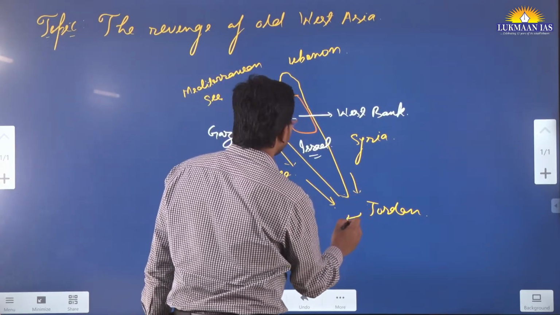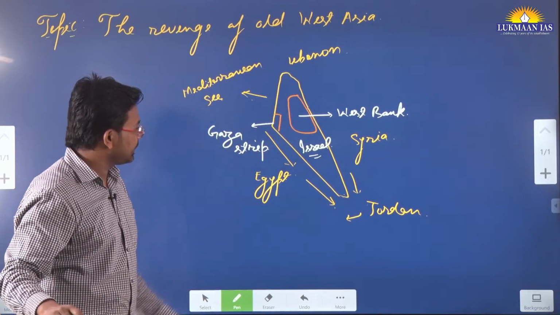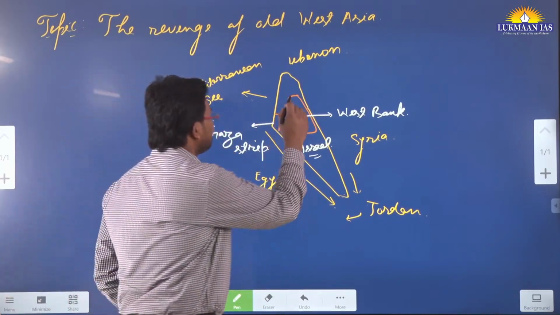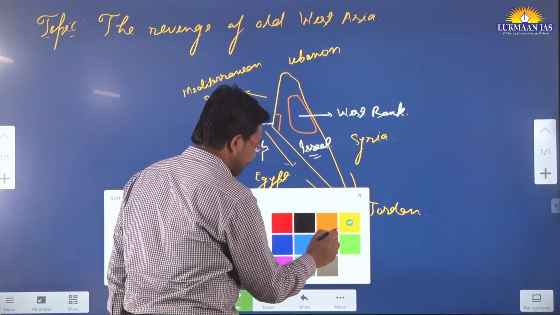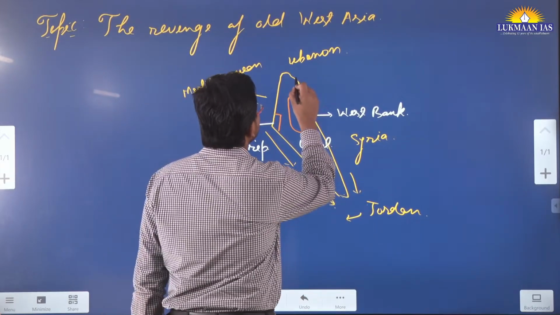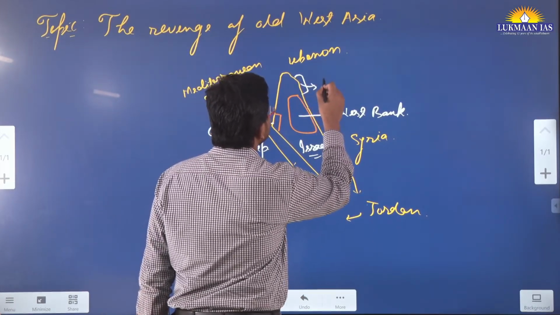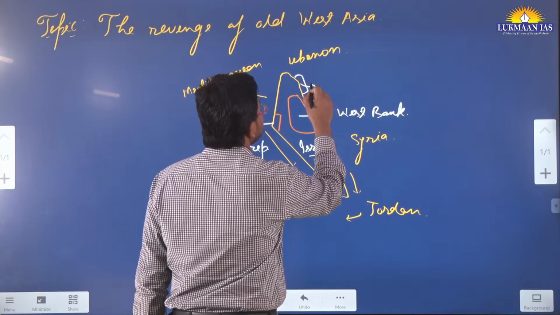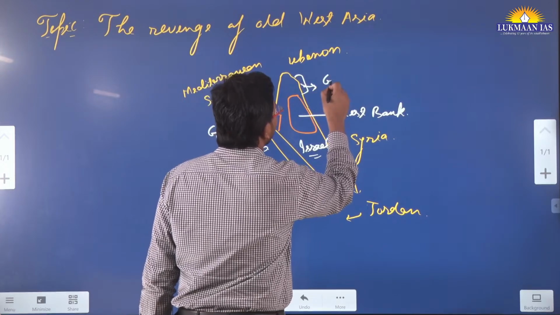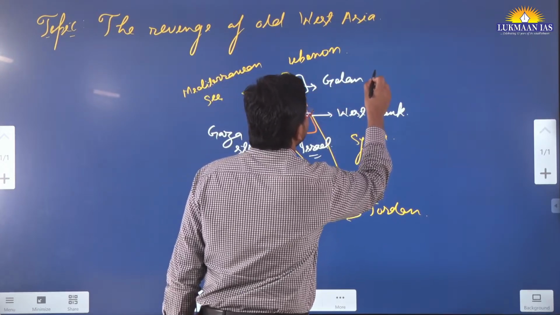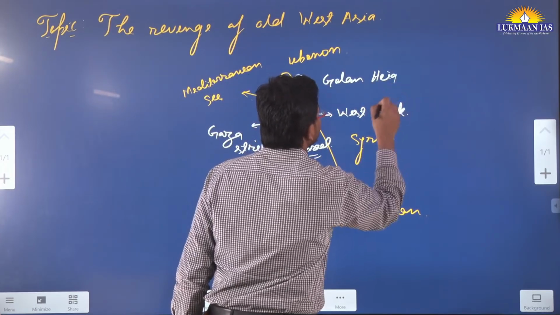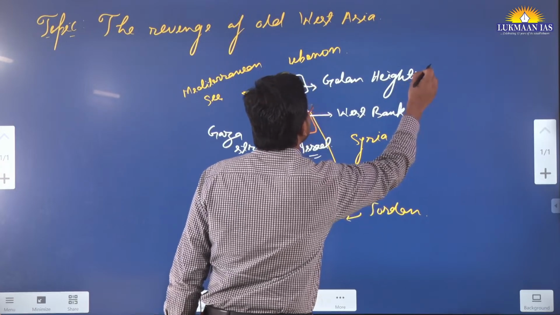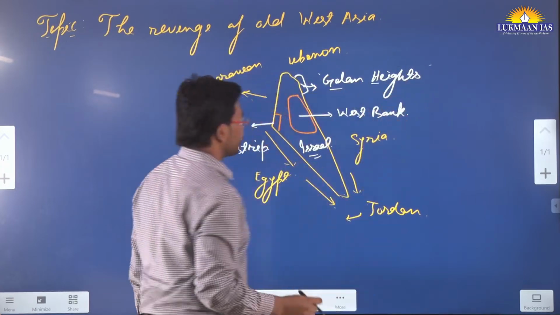So Israel is surrounded by how many countries? Over here there is a peninsula also. This peninsula remains in news, right? This peninsula is known as Sinai. And this region is Golan Heights. Okay, this region also remains in news.